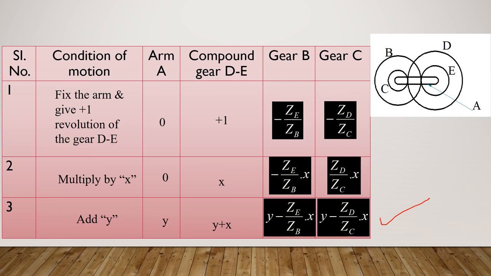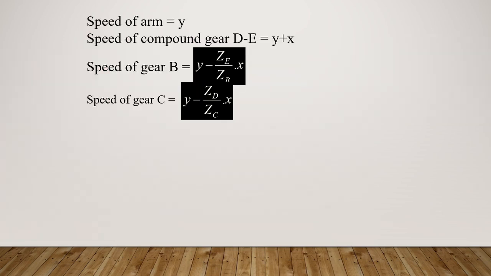These are the speed equations of all the elements: arm y, compound gear y plus x, and speed B, speed C. So what is asked in the question, we have to solve that equation first. In the question he has told that gear B is fixed.